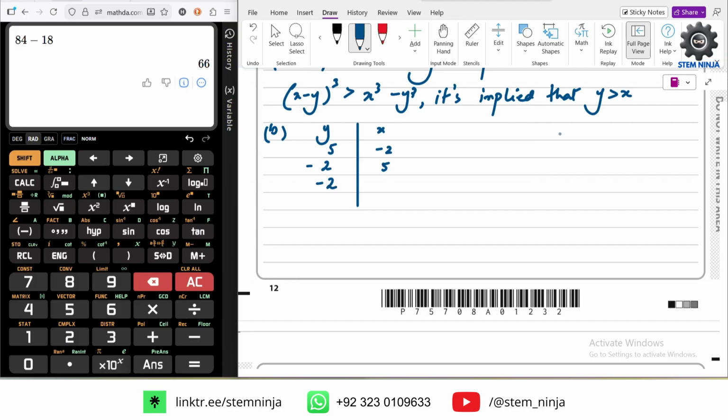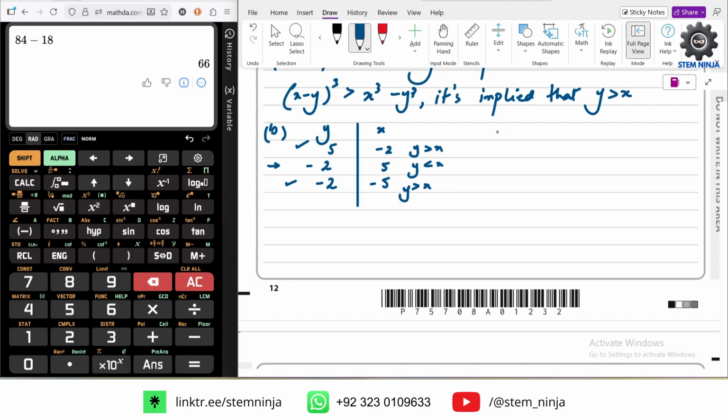Hey, wait a second, we need y greater than x, right? So obviously we cannot have the greater than x case over here. So we can choose this one and let's say this one. In this case, -2 is also greater than 5. So this is y less than x, this is y greater than x, this is y greater than x.